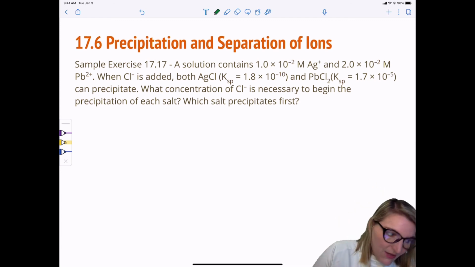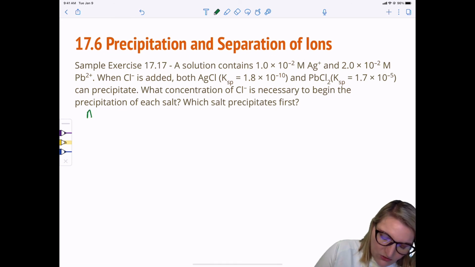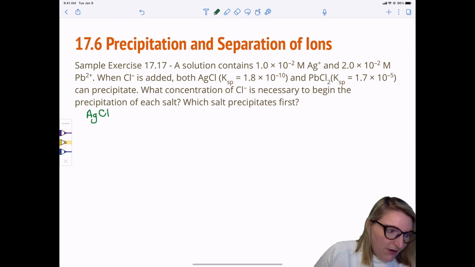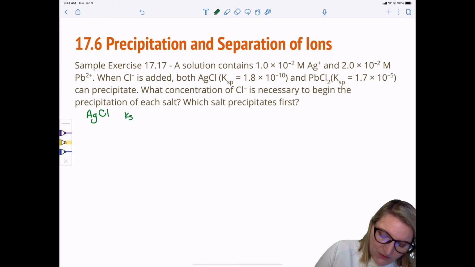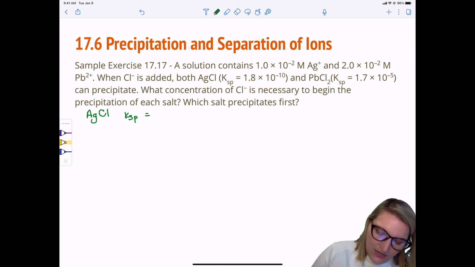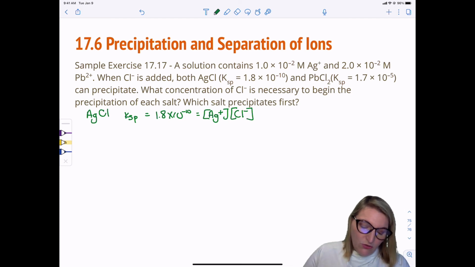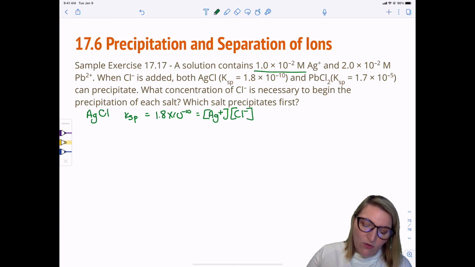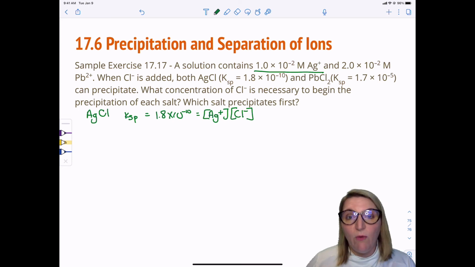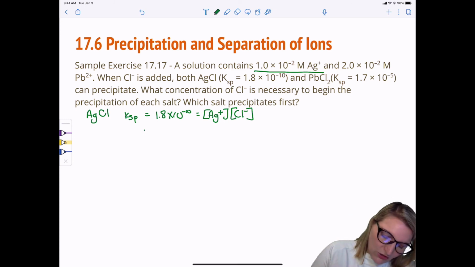So if I think about the KSP for, let's just do the AgCl, right? The KSP for AgCl is 1.8 times 10 to negative 10. And that, of course, would be equal to the concentration of the Ag plus times the concentration of the Cl minus. Well, the solution is already at 1.0 times 10 to negative 2. So I can then solve for the Cl minus, and that will be the concentration of chloride ion needed to begin precipitation.